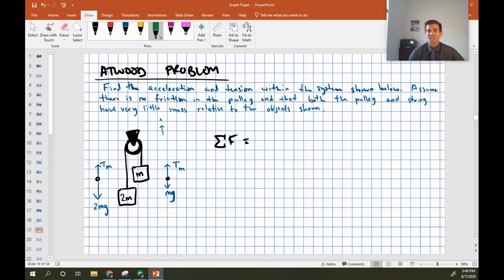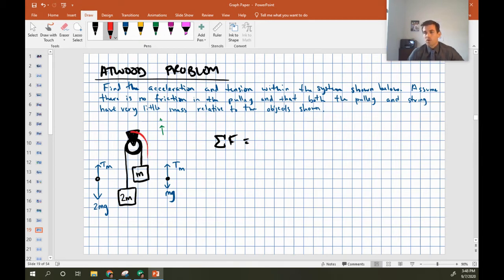So we're going to need actually a new type of coordinate system that isn't just based off of a coordinate plane that says up or down is positive or left or right are positive. Instead, we're going to set up what I call a coordinate of motion, something that describes the direction that all of the objects are moving and says we're going to call this direction positive and anything going counter to that direction negative.